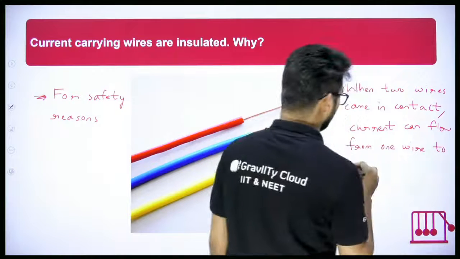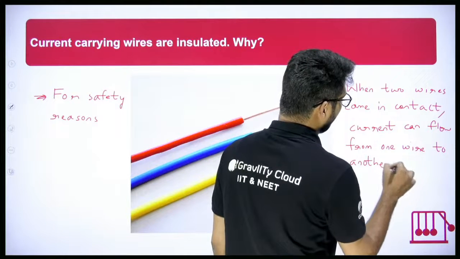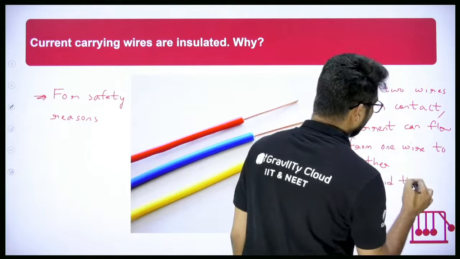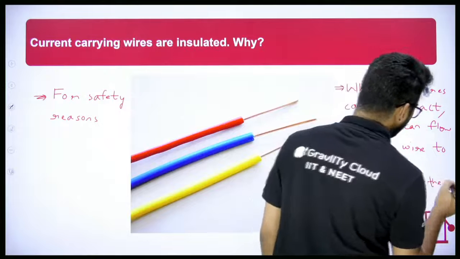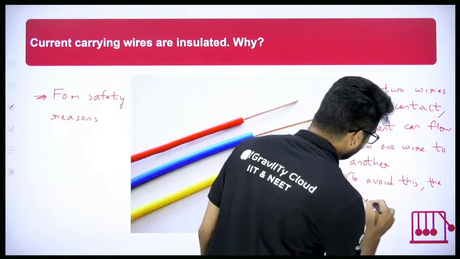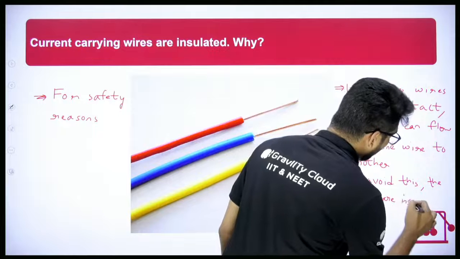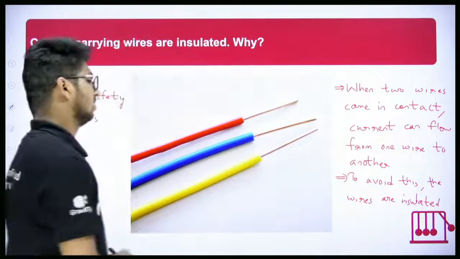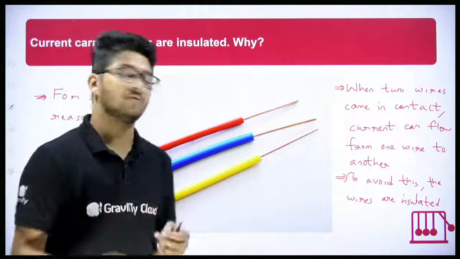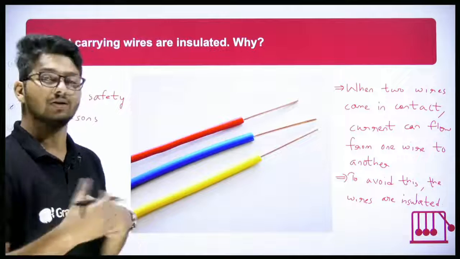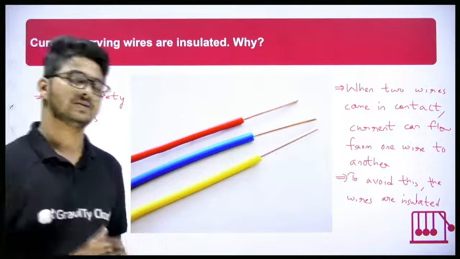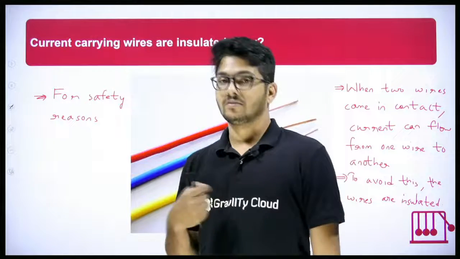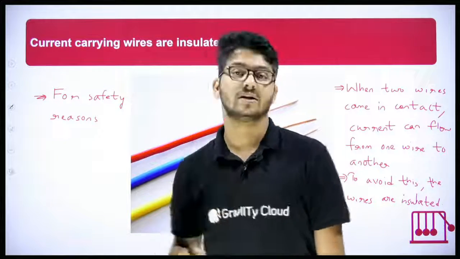To avoid this, the wires are insulated, because current cannot flow through insulators. So if the wires are insulated, current cannot flow through the plastic or rubber covering. So it is pretty safe. The main reason is safety. Even when you touch a wire, you should not get a shock, so they are insulated.